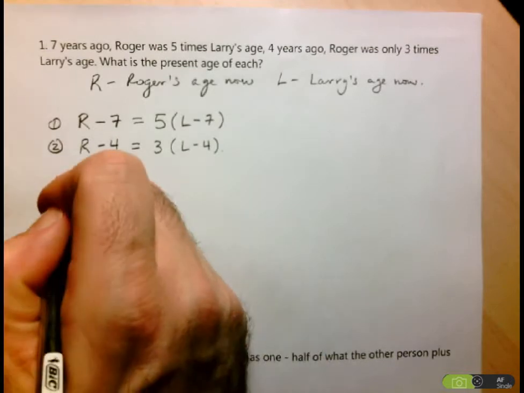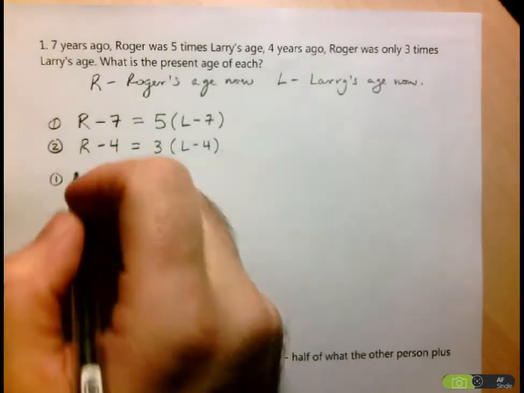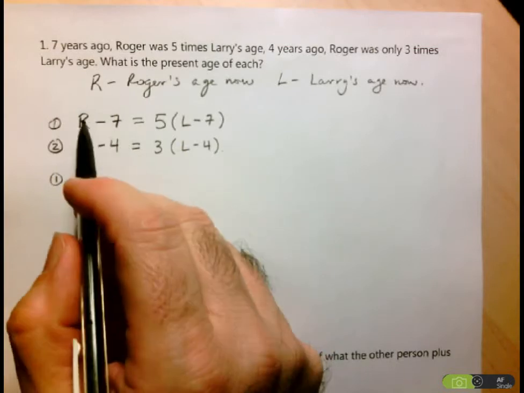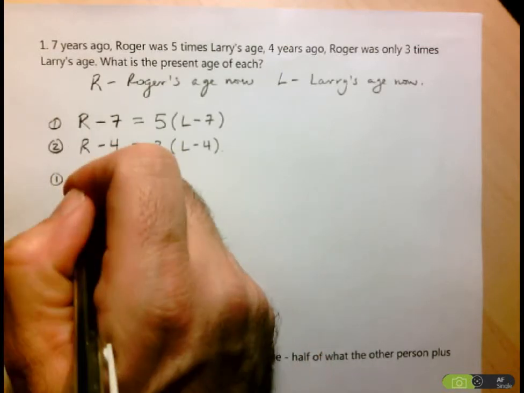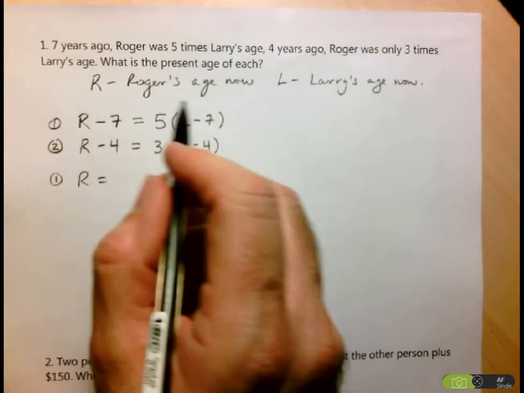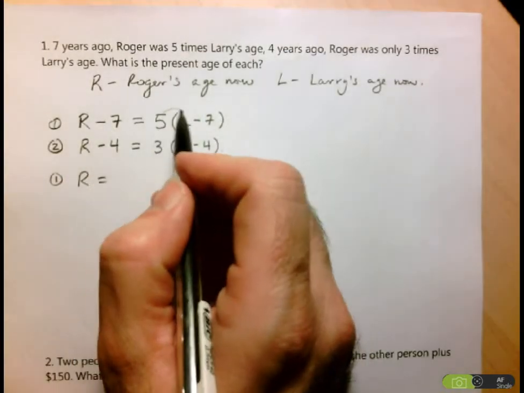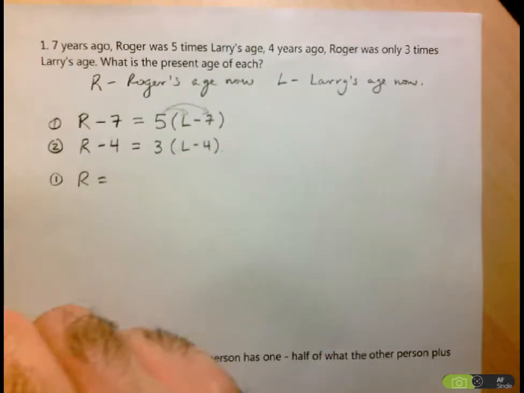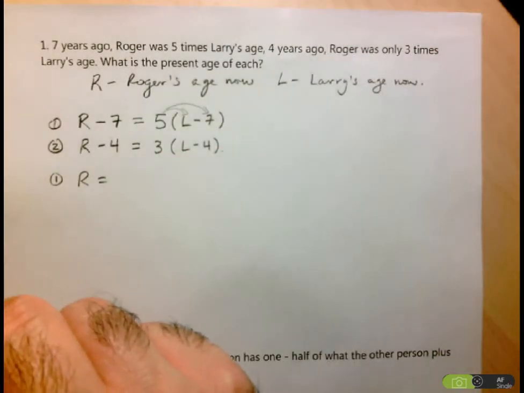So I'll start with equation 1, and let's simplify it here. What's easy to do is to isolate the R. So I'll leave the R on the left, and we'll bring the 7 to the other side. So this minus 7 will become plus 7. I'm also going to distribute the 5 here. I just want to simplify it as much as I can.